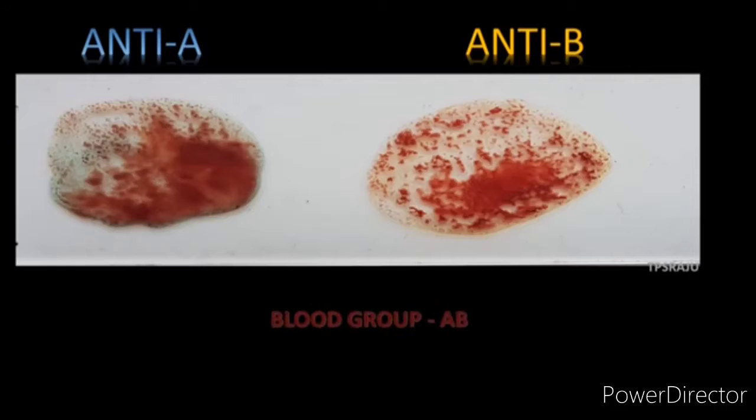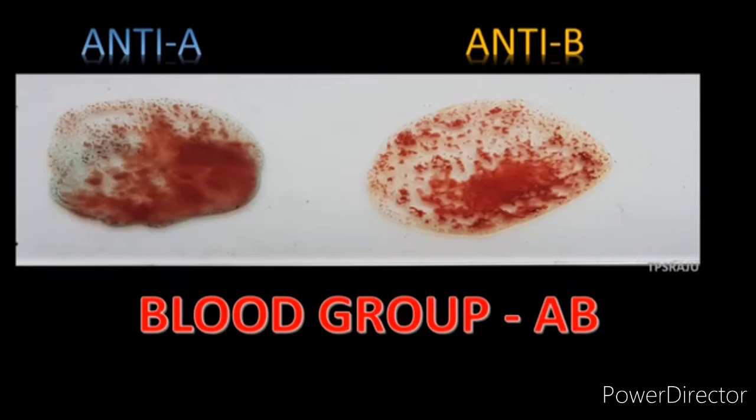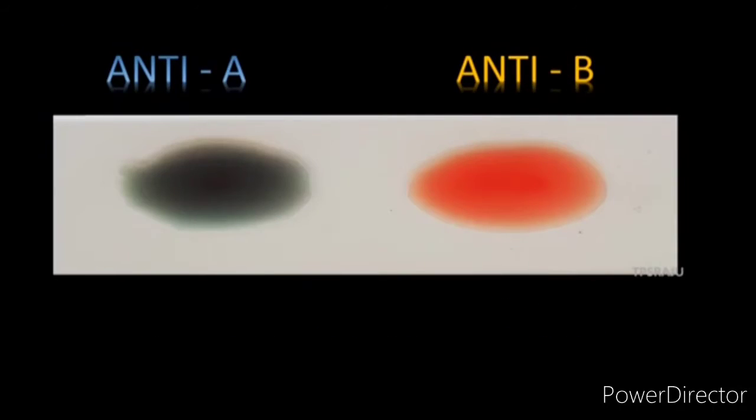If the sample doesn't agglutinate with either A or B, then it is recognized as blood group O.